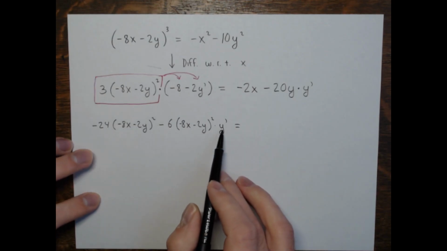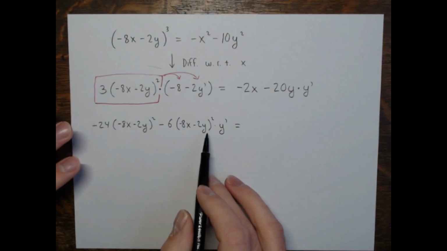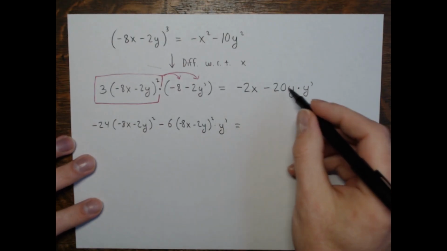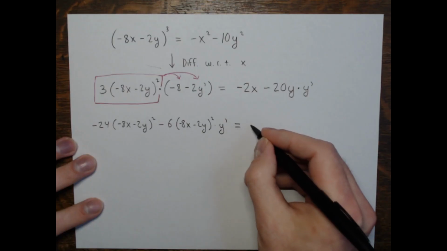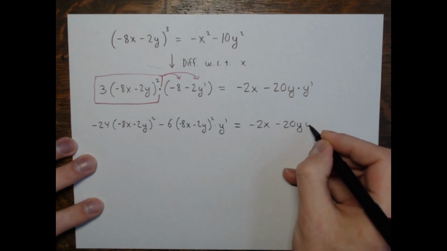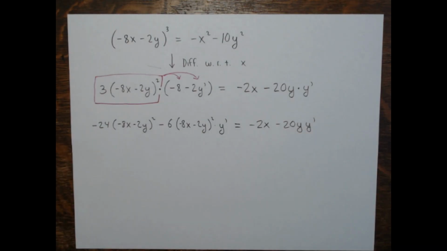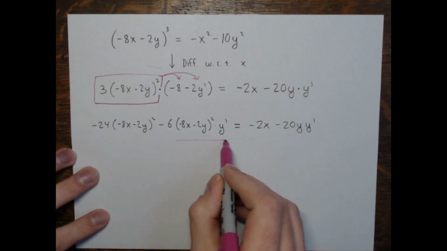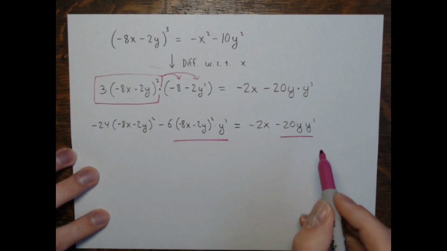All right, so see now the y prime term is free. It's out of the parentheses now. And then there's nothing over here to do, so I got -2x minus 20y y prime. All right, so all the terms with y prime involved are this term on the left and this term on the right.